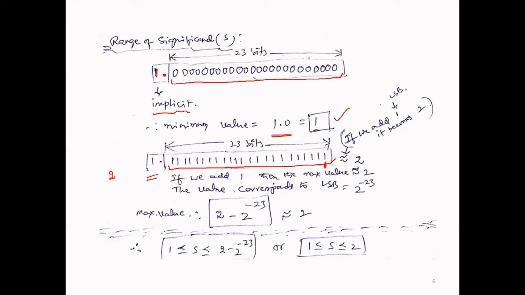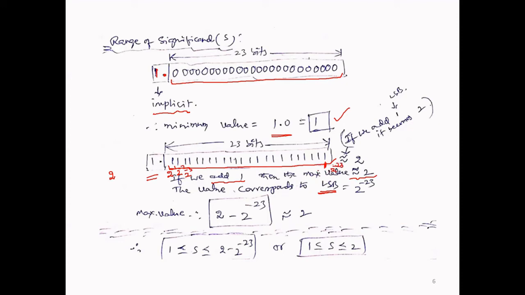If you add 1 at the LSB, then the maximum value is approximately 2. What is the value corresponding to the LSB here? After the binary point, the positions are 2 power minus 1, 2 power minus 2, 2 power minus 3, like that, and the last is 2 power minus 23.